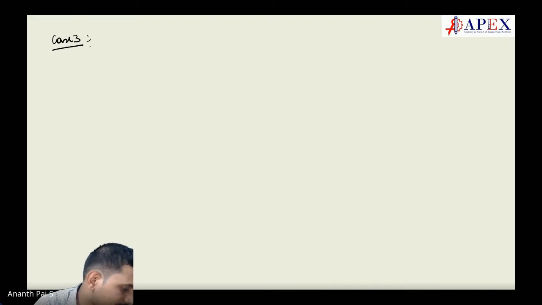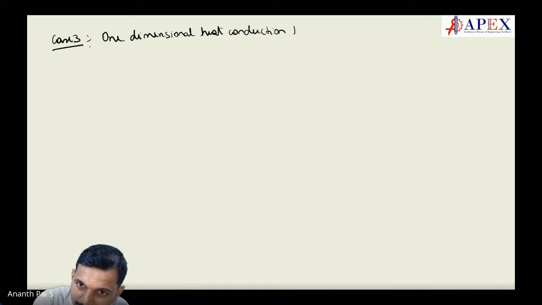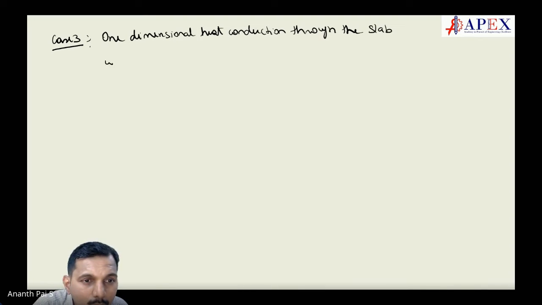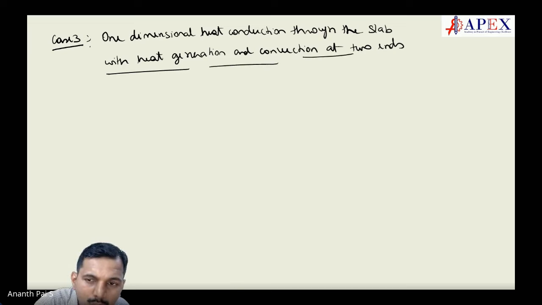Case 3: one-dimensional heat conduction through the slab with heat generation and convection at two ends.